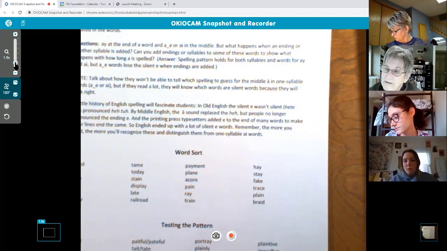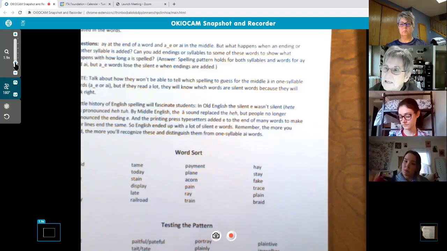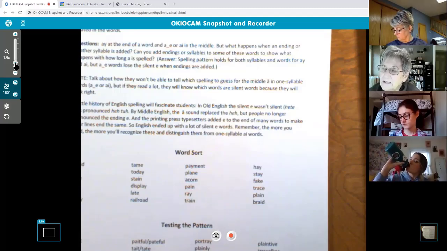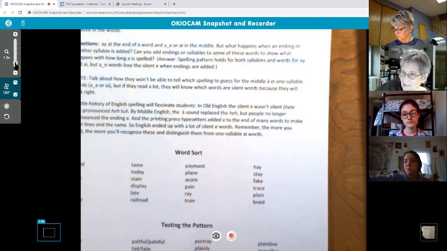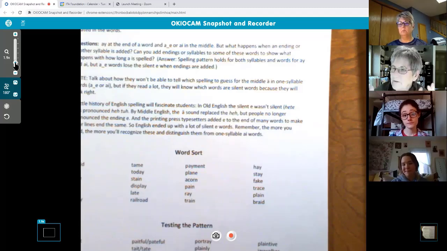The other thing that happened is the typesetters, when the printing press was invented, weren't really English. They were Flemish. They didn't care about spelling, but they wanted the right end of their lines to right justify. You know how when you choose right justification, it lines up on the right end. So they added E to a lot of words. And we're stuck with a lot of those words today.